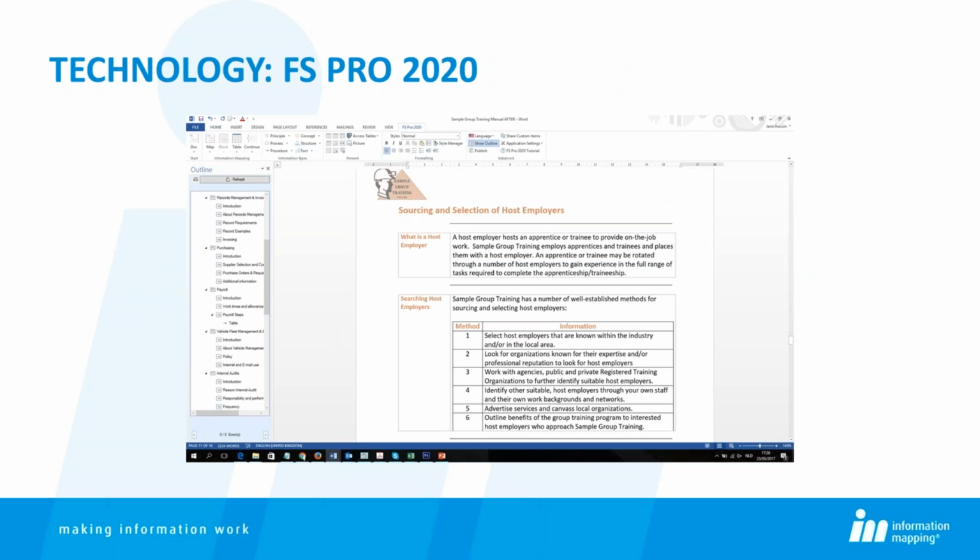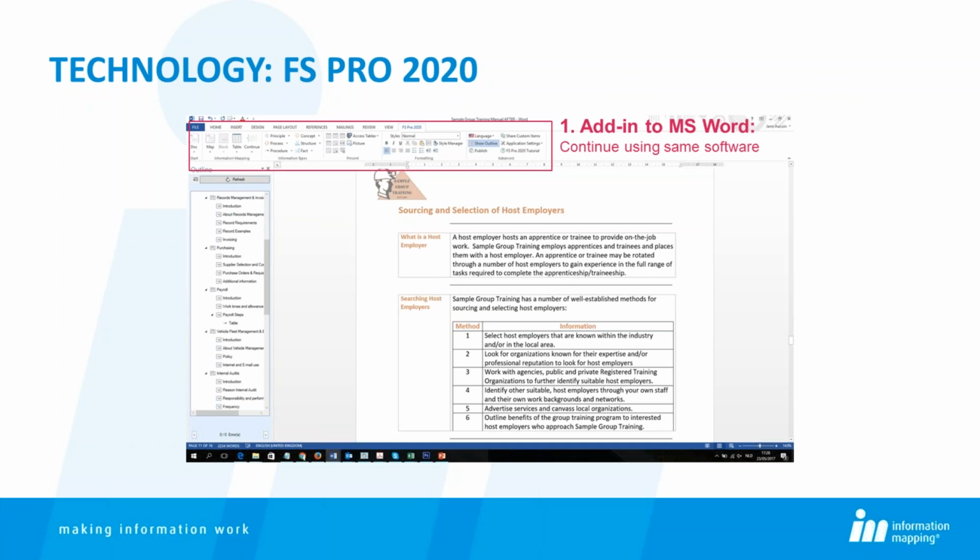Right now we're going to talk a little bit about our software, FS Pro 2020. As you can see here, the document is open in Microsoft Word. FS Pro 2020 is simply an additional tab with some icons that allow you to create documents a lot more easily, and I'll do a live demonstration in our software in just a moment.